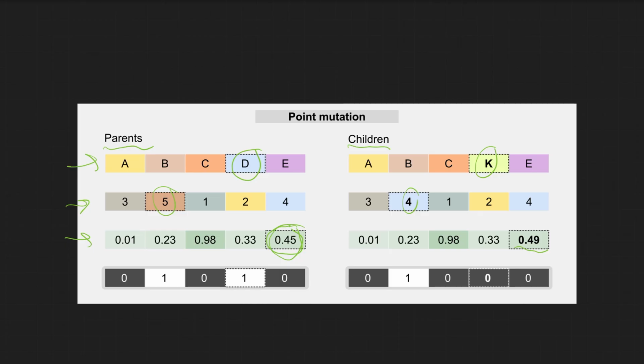And finally, in the bit representation, bit encoding, also in this case, we are going to sample one gene, and we simply switch it with the opposite. So if we sample a location where there is a 1, we're going to turn it into a 0. If we sample a 0, we're going to turn it into a 1. And this is point mutation. As you can see, you can generate one or more children, depending on how many times you're going to apply the point mutation.